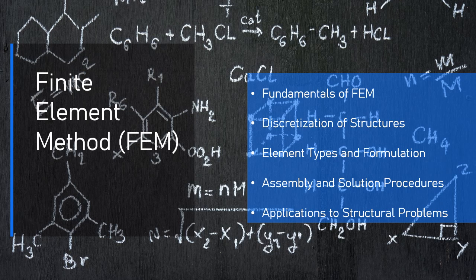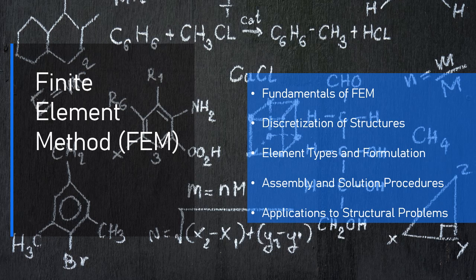u(x) equals N1(x) u1 plus N2(x) u2, where u(x) is the displacement at any point along the element. u1 and u2 are the displacements at the two nodes.